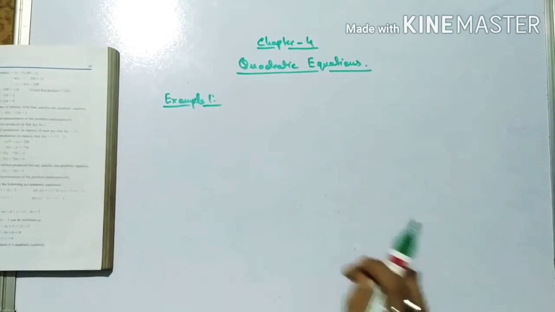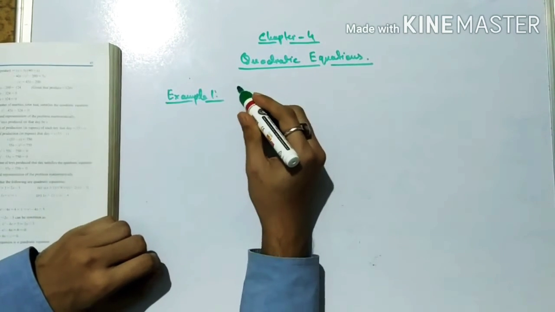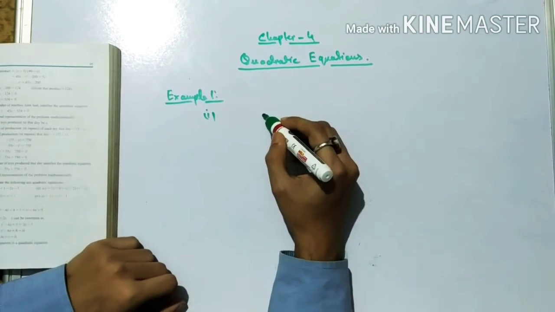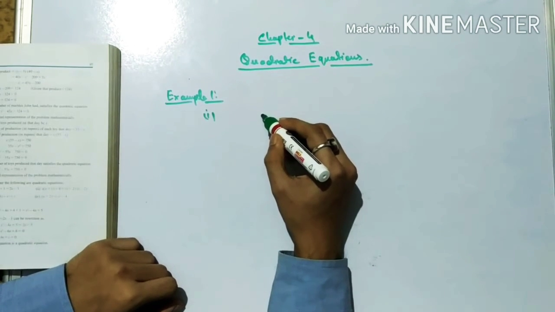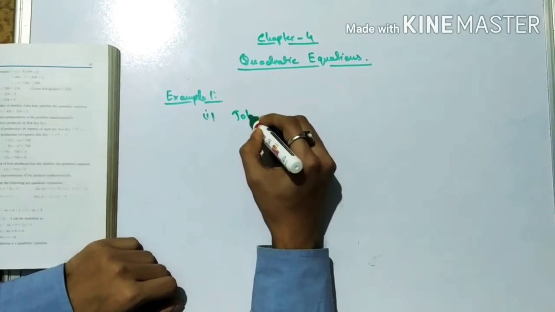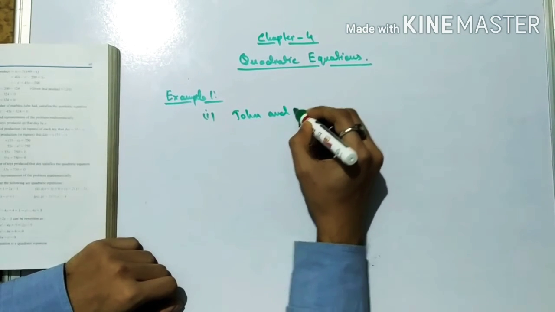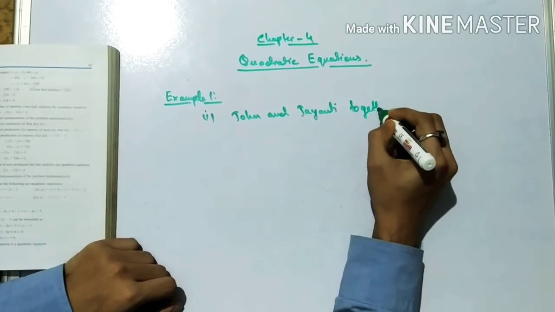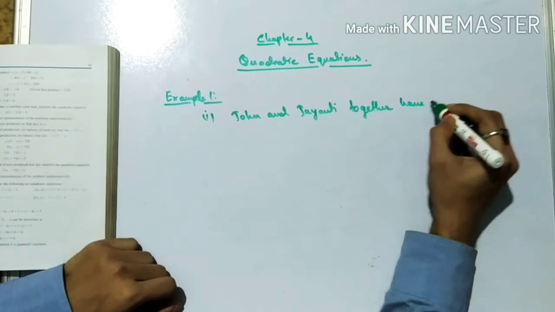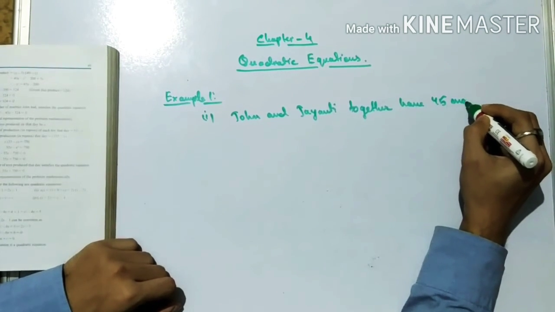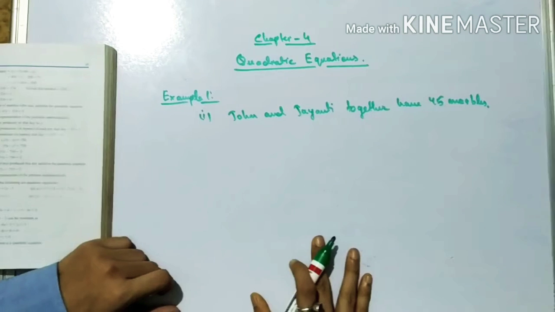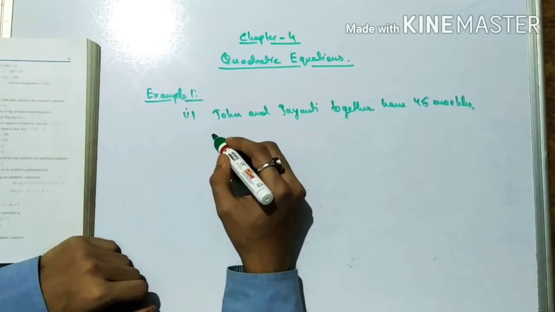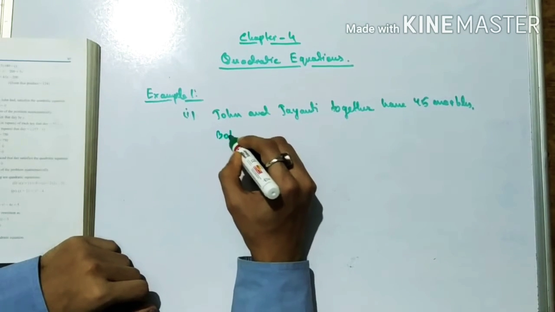So example 1, represent the following situation mathematically. So first question is, John and Jayanti together have 45 marbles.